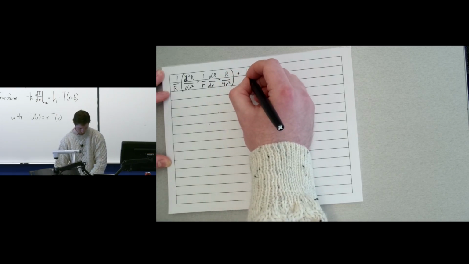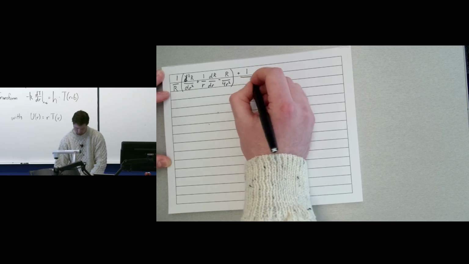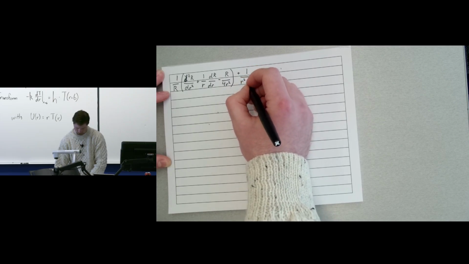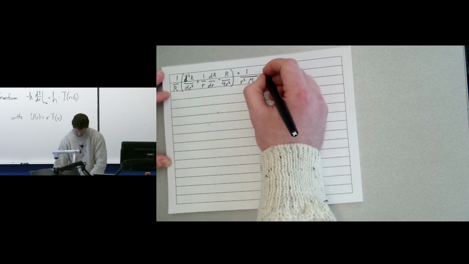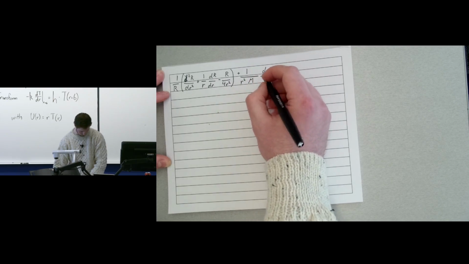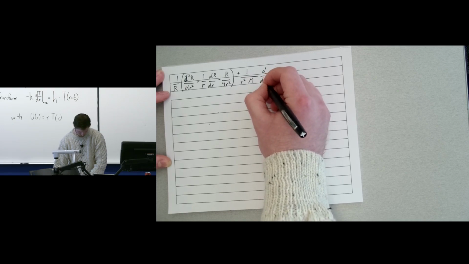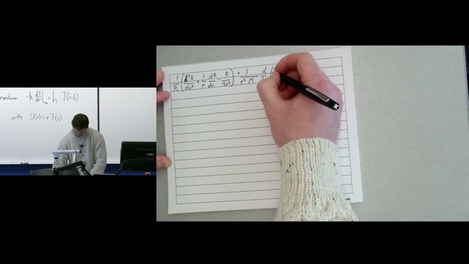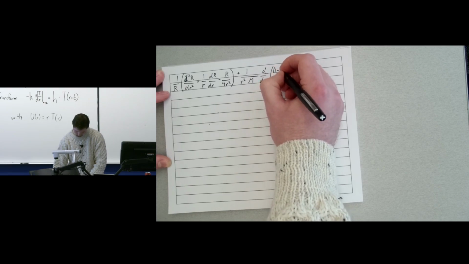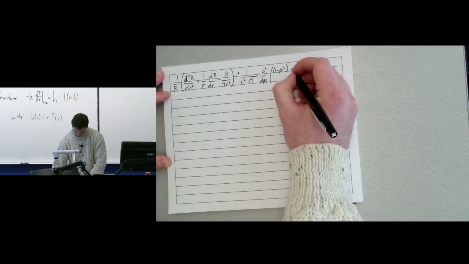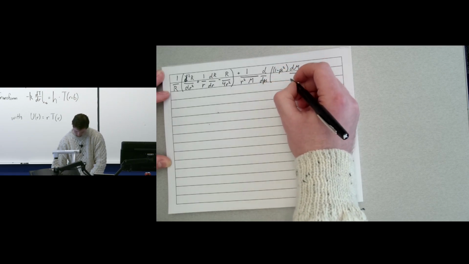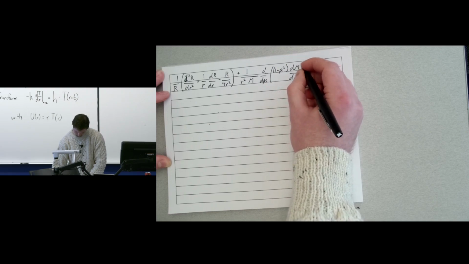Plus, when we look into our mu term, 1 over lowercase r squared, cap M, derivative with respect to mu of 1 minus mu squared, derivative of M with respect to mu.